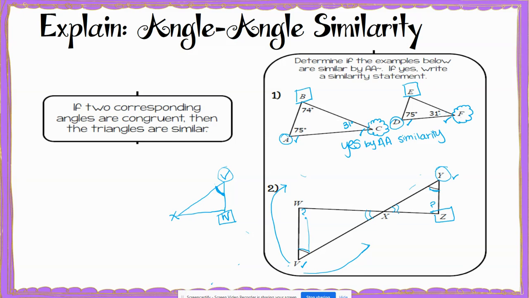So even though I don't know what these angle measures right here equal, I know that they are congruent to each other because they are vertical or opposite to each other. So because of that, I know that these two corresponding angles are also congruent. So I have corresponding angles that are congruent with V and Y, and I have corresponding angles that are congruent with X. Because I have two, I know that these two triangles are similar based on the angle-angle theorem of similarity.